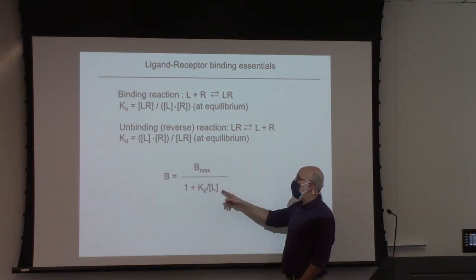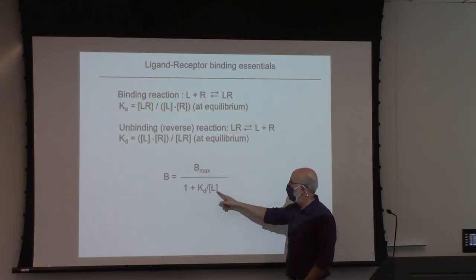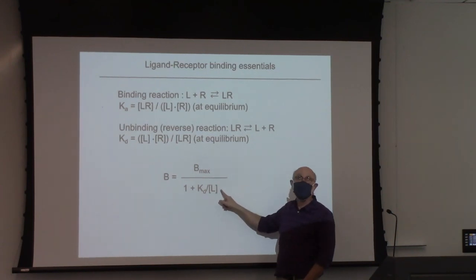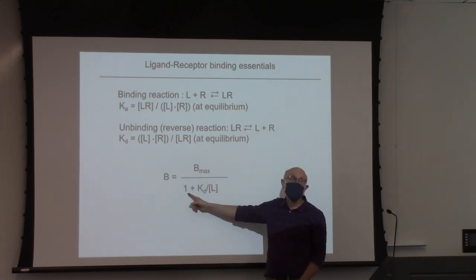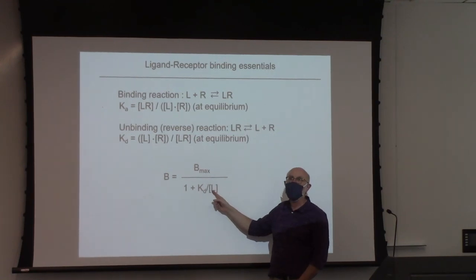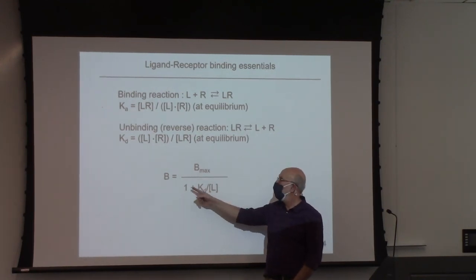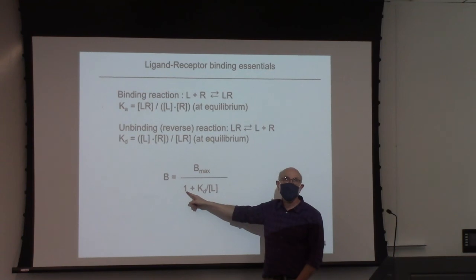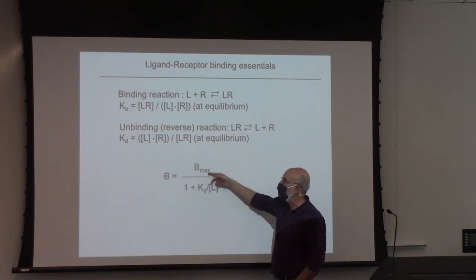If the ligand concentration is high, this number becomes small, right? This denominator gets close to 1 because this is a small number, 0.001 or whatever. This denominator becomes close to 1, so this number becomes close to Bmax.